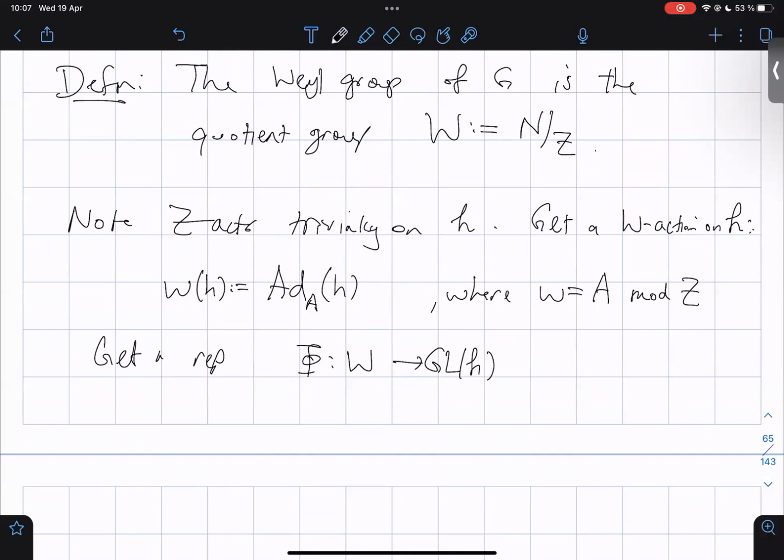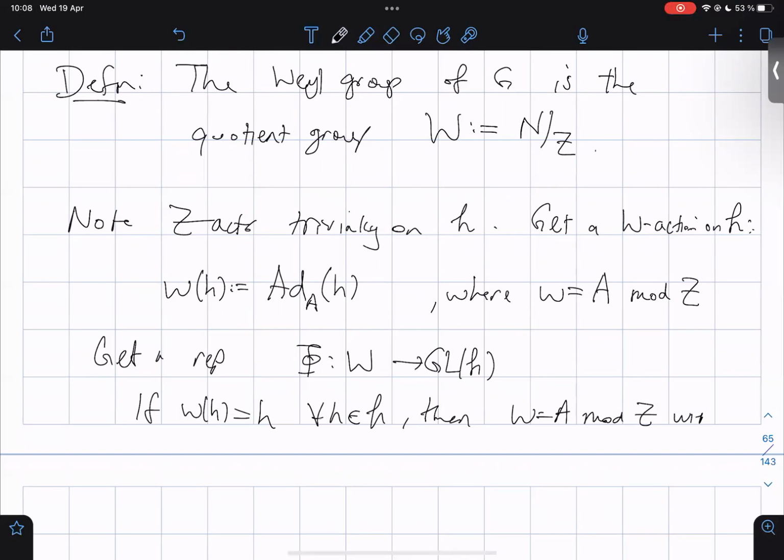One thing about this representation is that it has trivial kernel. If you have a W that is in the kernel and acts trivially, then this W has to have A being in Z. Those are the things that act trivially.